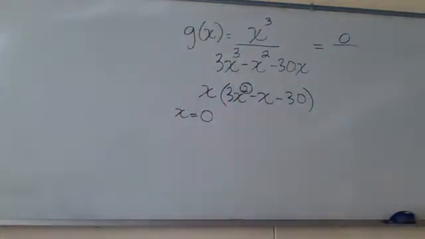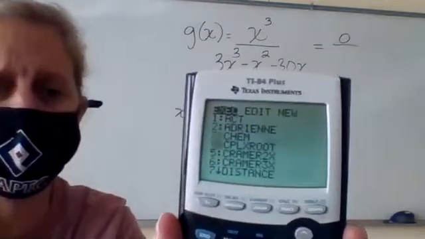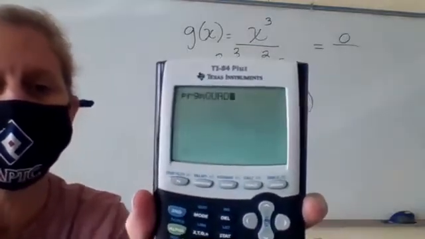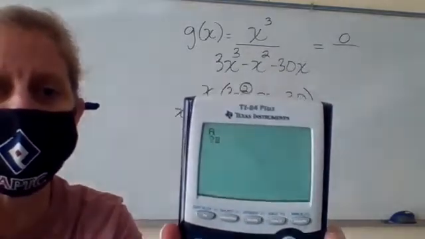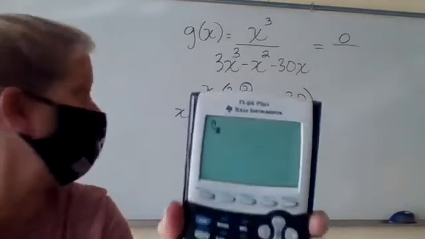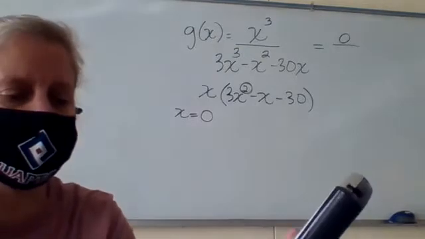So go down to quad. Enter the A, B, and C of that trinomial, which will be 3, -1, and -30.